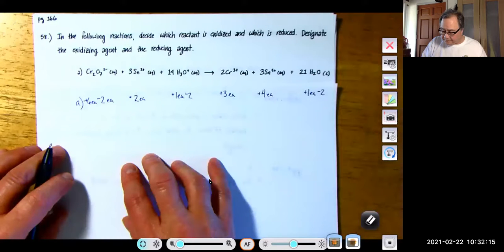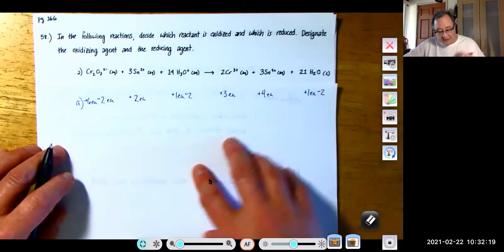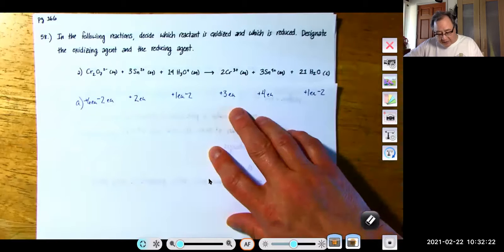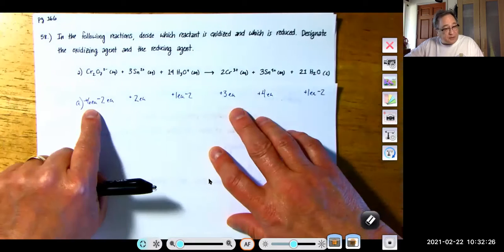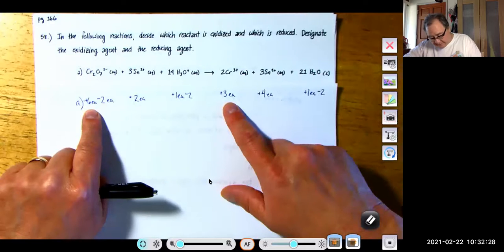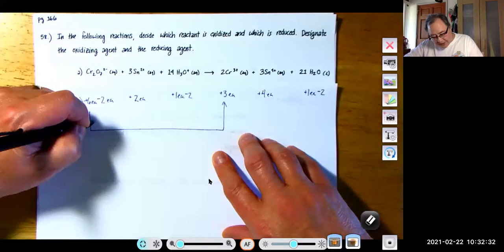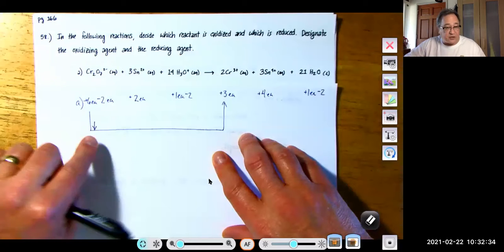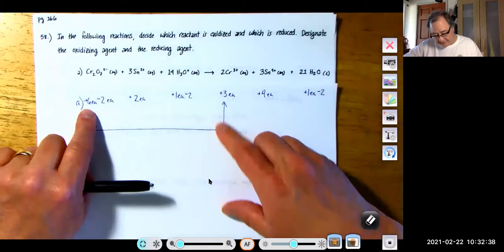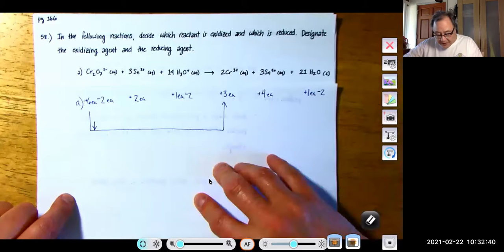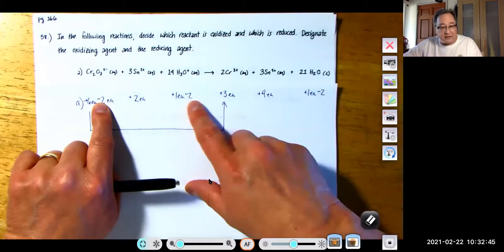So let's see if any oxidation numbers changed for any of these. Can you see how chromium at a +6 changed to a +3? Now the oxidation number has decreased, and I use an arrow for decrease. When you go from +6 to +3, that's a decrease. Can you see oxygen's a -2 here, and a -2 here, and a -2 here?